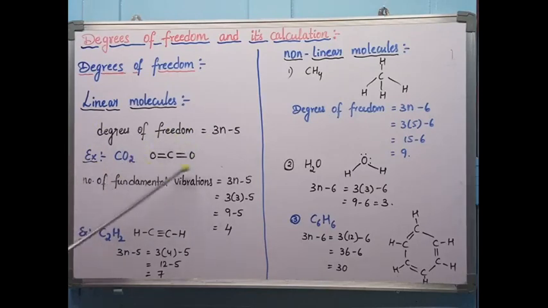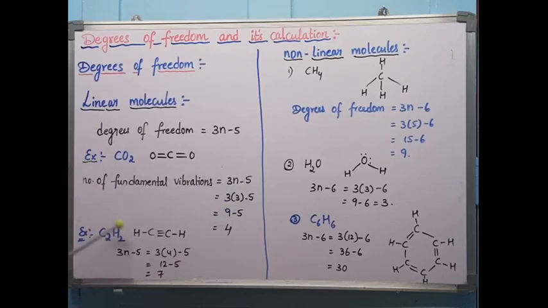You can observe the shape of the carbon dioxide, that is a linear shape. So the number of fundamental vibrations or degrees of freedom is equal to 3n minus 5. So we know here n indicates the number of atoms. So we are having 3 atoms. So 3 into 3 minus 5. So we are getting 9 minus 5. So finally we got 4, as the number of fundamental vibrations in carbon dioxide.